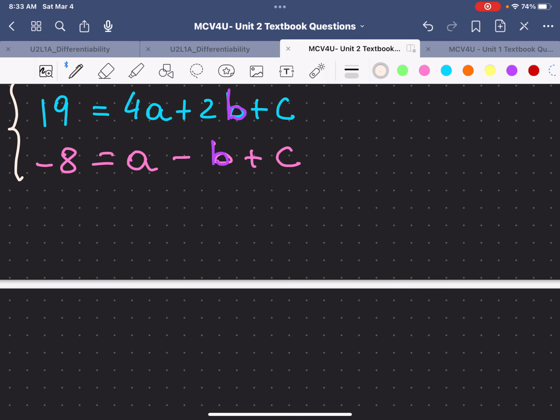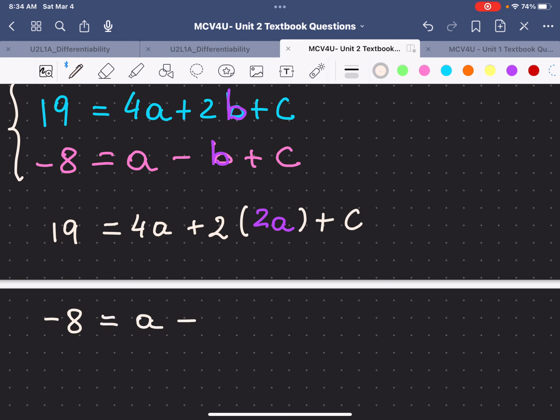So we'll have 19 equals 4a plus 2 times, remember b is equal to 2a, and then plus c. And the second equation will be negative 8 equals a minus, instead of b we have 2a, and then plus c.